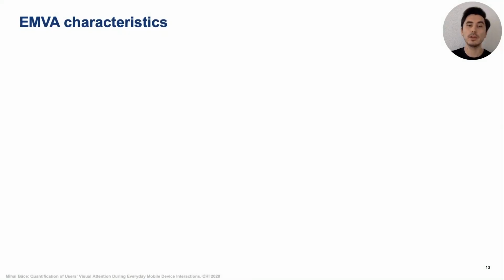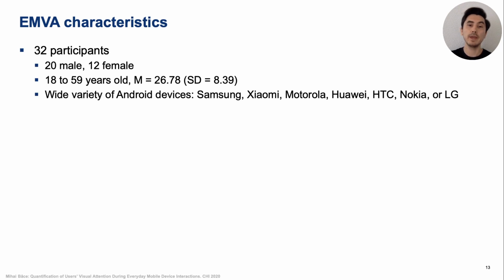Here are only a few of the characteristics of our dataset. There are 32 participants, 20 male, 12 female. Their age ranged from 18 to 59, with an average close to 27 years old. These participants used their own devices for the study, which is important for the ecological validity of our findings.